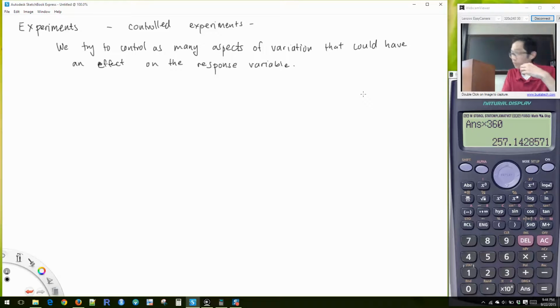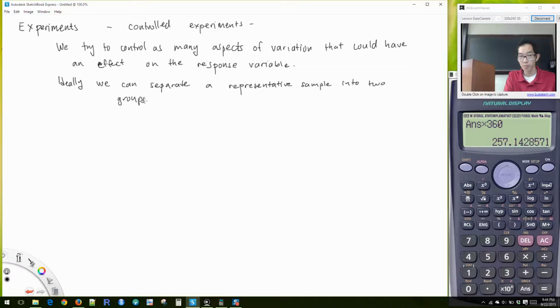and so ideally we can separate a representative sample into two groups. The control group and the treatment group. Okay.